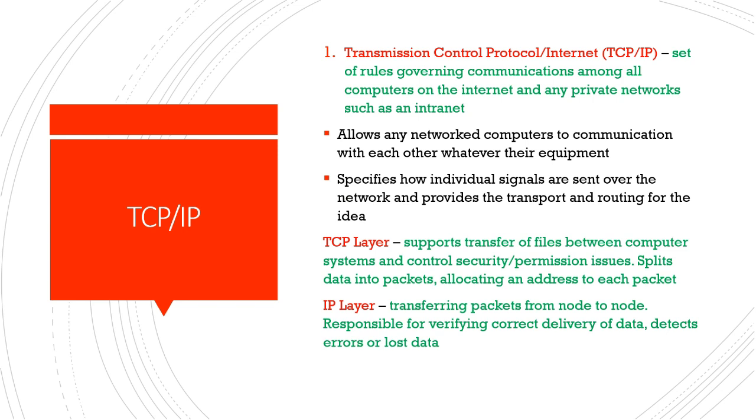The TCP layer supports the transfer of files between computer systems, and it controls security and permission issues. It will split the data into packets and allocate an address to each packet. The IP layer will transfer packets from node to node, and it is responsible for verifying the correct delivery of data by detecting errors or lost data.